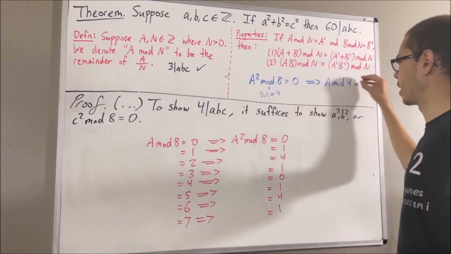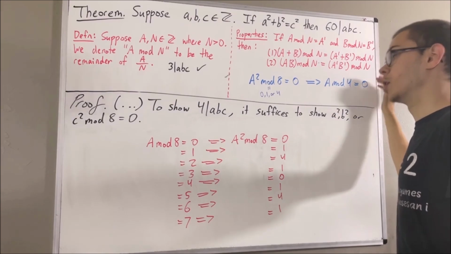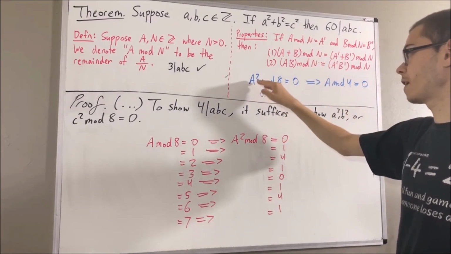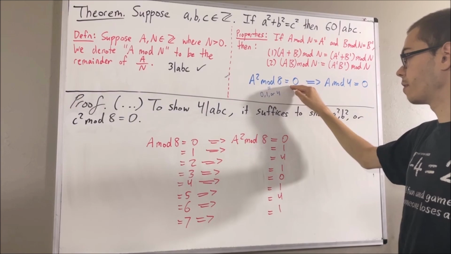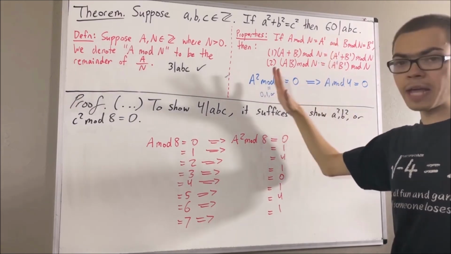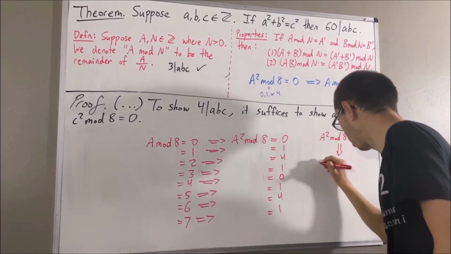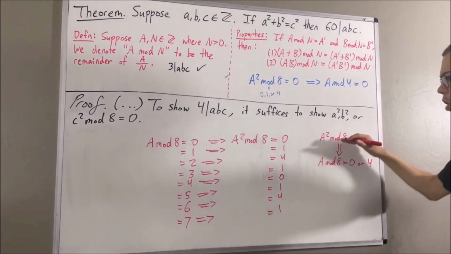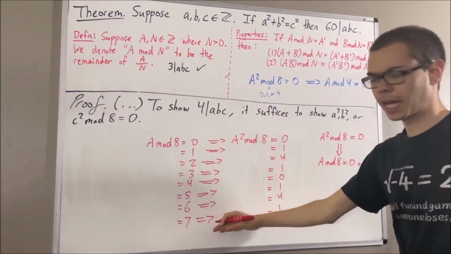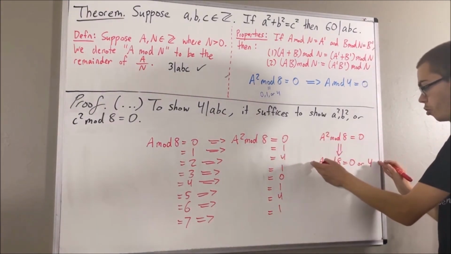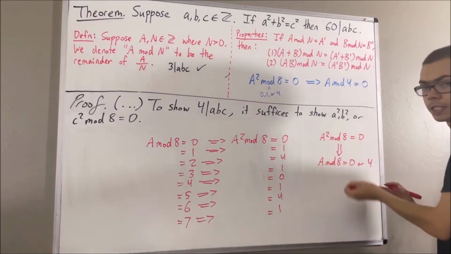But why is this implication true? To start, if a squared mod 8 is equal to 0, then a mod 8 is equal to either 0 or 4. Why is this true? It is justified by the contrapositive.